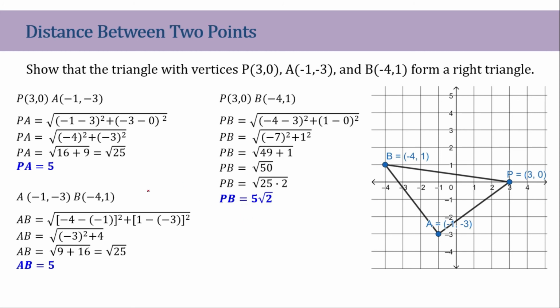So now let's compare all of this. This is the longest side, so this will be the value of our C, and these will be our A and our B. A squared plus B squared is equal to C squared. Let's substitute it.